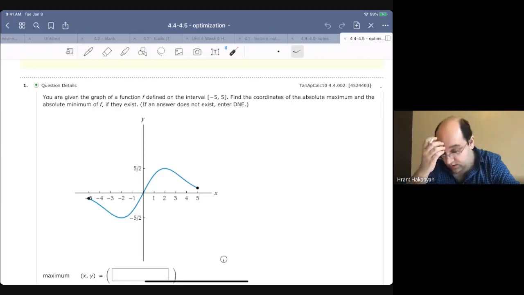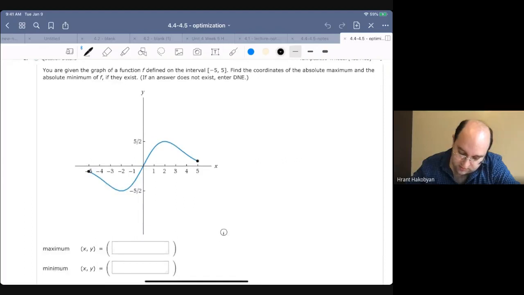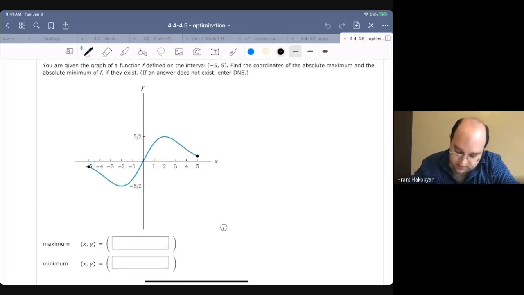This here is the point where I have absolute maximum, and here is the point where I have an absolute minimum. So if I was to write here, the maximum is, I need x and y, right? So this is my x is 2 and y is 5/2.